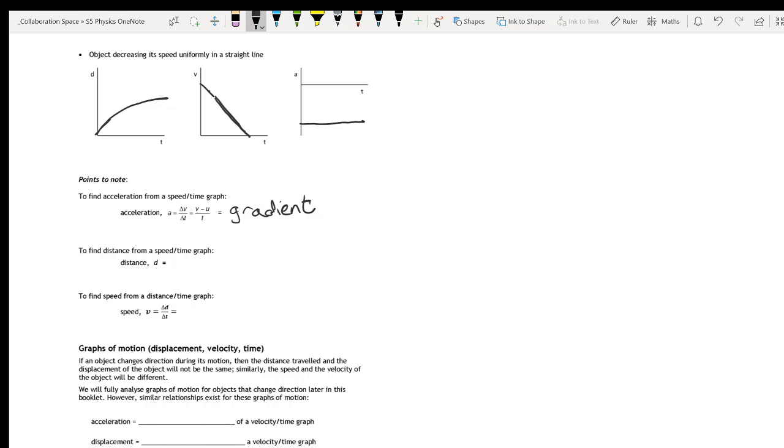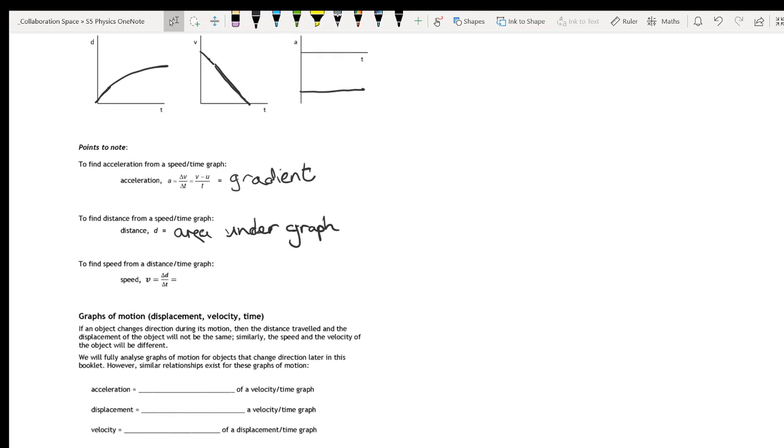To find the distance from a speed time graph, we already talked about this, you find the area underneath the graph. And to find the speed from a distance time graph, it's the gradient of the distance time graph.